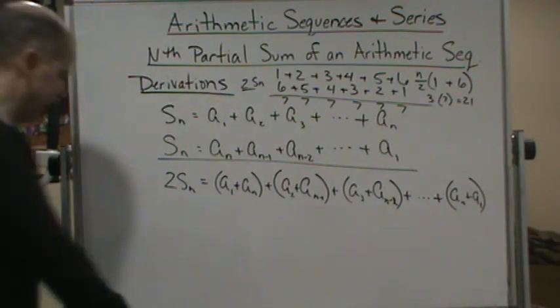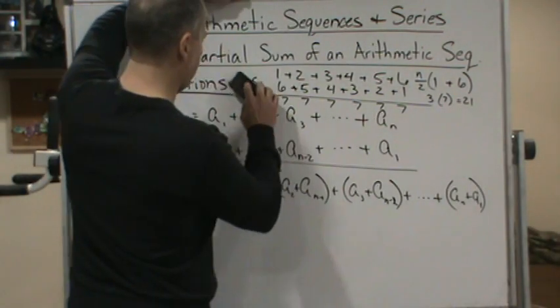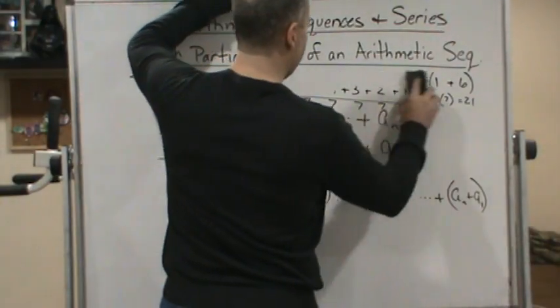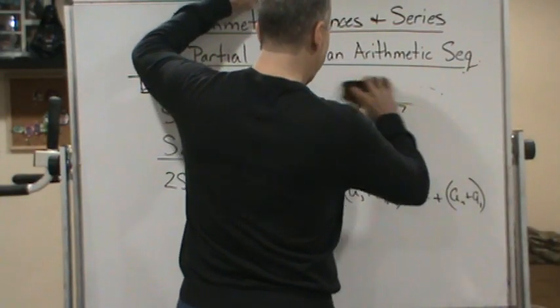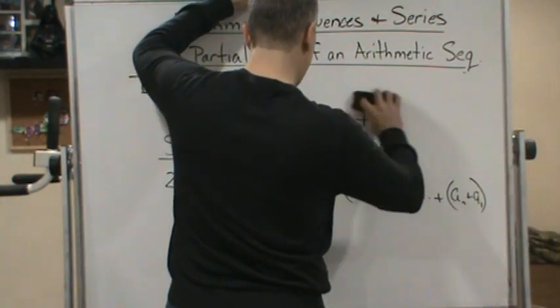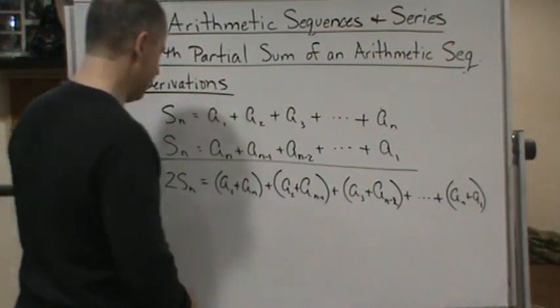So this is an example, but an example is not a proof. So we can see that it works, but how are we going to see it here?